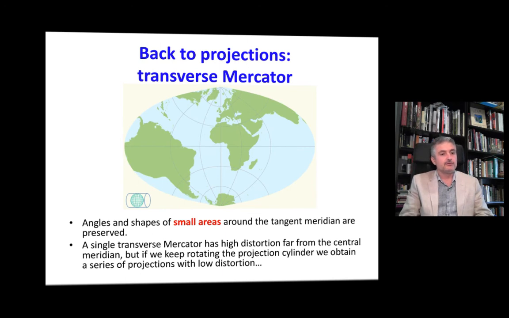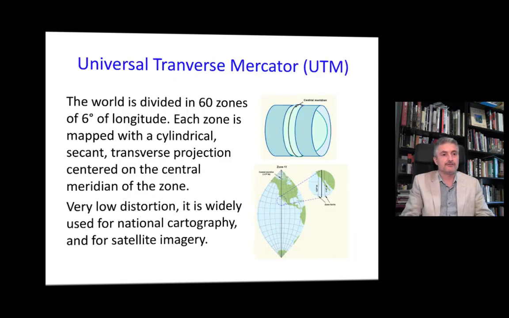What we want to do then is a little twist. What happens if instead of having a single projection using a cylinder that touches the Earth at one location, we keep rotating this cylinder and we have a series of projections, each one of them made by having the cylinder touching a different meridian? This is the basic concept of the universal transverse Mercator.